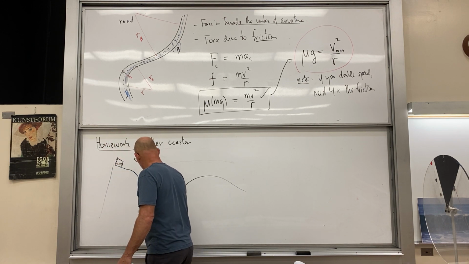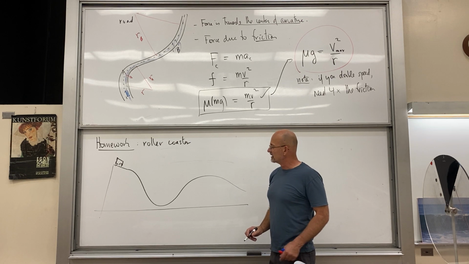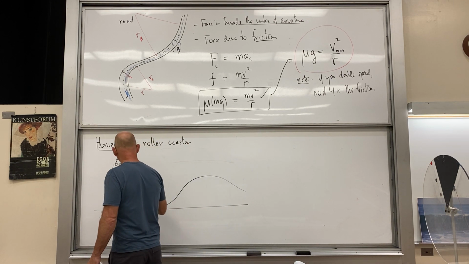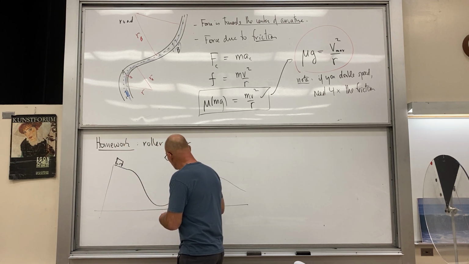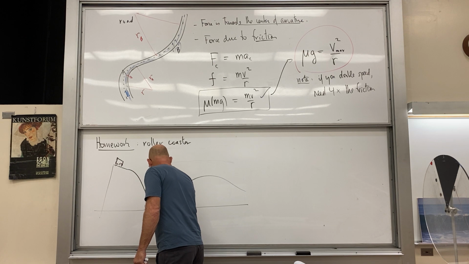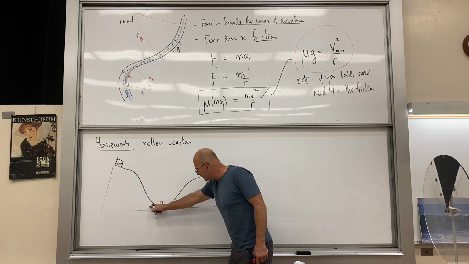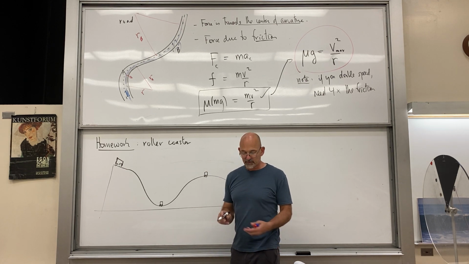And it's going to be a frictionless roller coaster, so we can certainly calculate the speed depending on how high it is. Start here from rest, right? Now the thing is this, down at the bottom here, we're on a piece of circular arc, and up at the top, we're on a piece of circular arc.